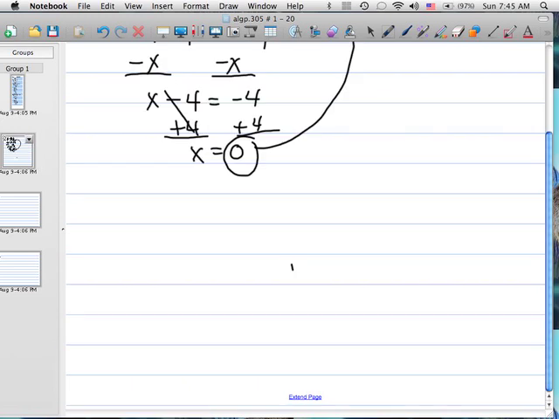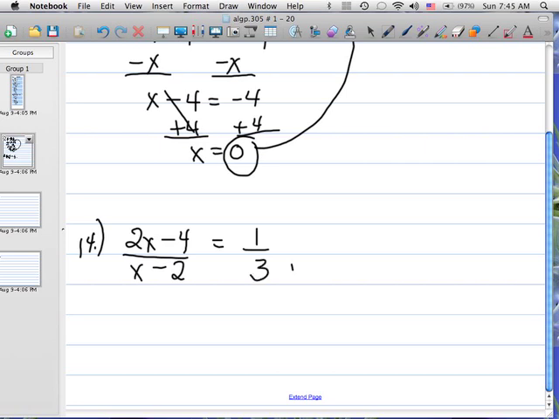So we're on number 14. We have 2x minus 4 over x minus 2 equals 1 over 3. This is a proportion, so we can use cross products. 3 times 2x minus 4, distributive property, is 6x minus 12. And 1 times x minus 2 is x minus 2.